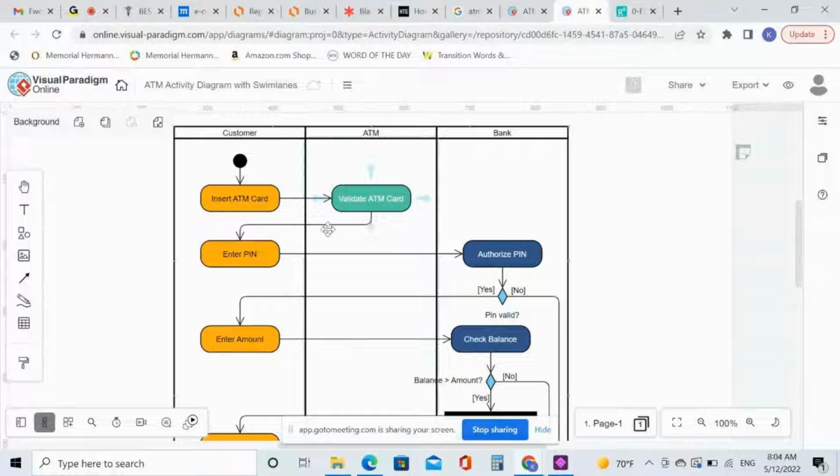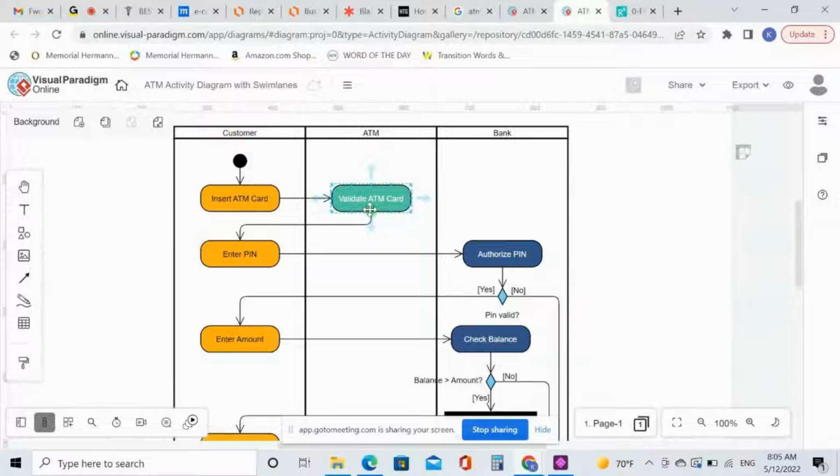For example, you could put a Costco card in your ATM machine, right? Any user can come and insert any card. But whether it is an ATM card or not also needs a validation. So once you insert the card, validation happens by the ATM machine.